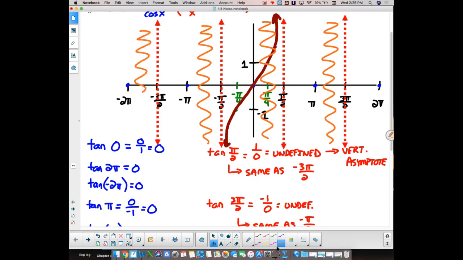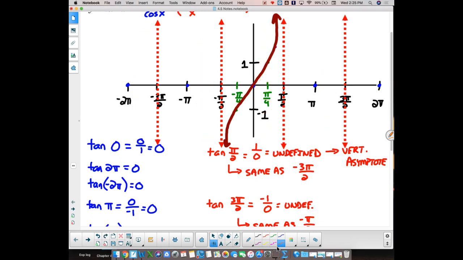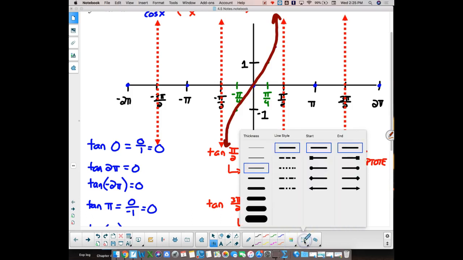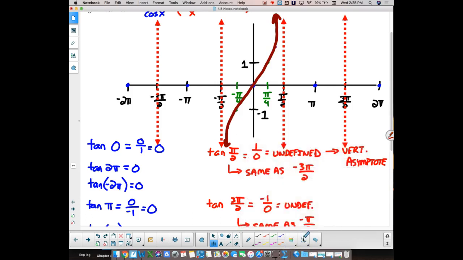So this is negative quadrant number 1. Now I'm going to remove all my squiggles. Sure I will. There we go. Okay. So all of those sections should look the same.